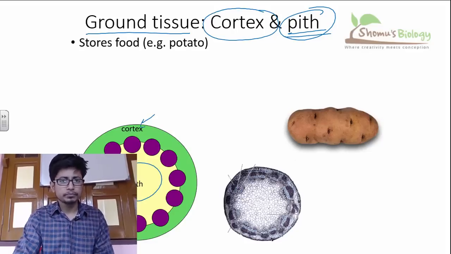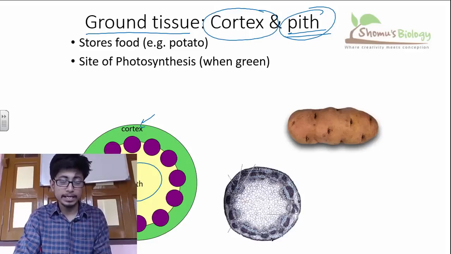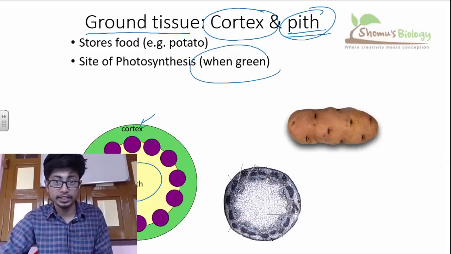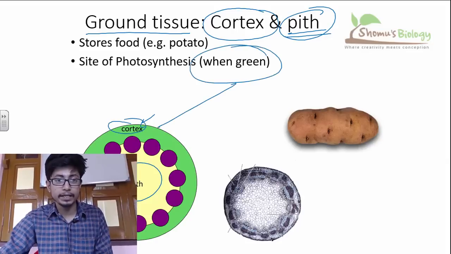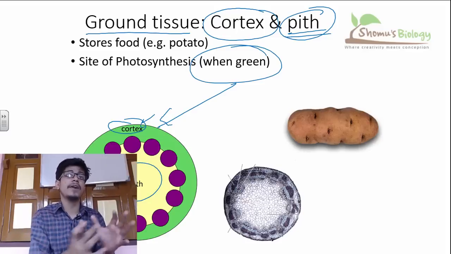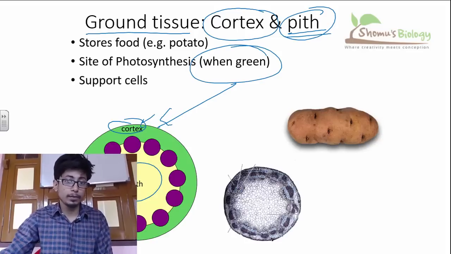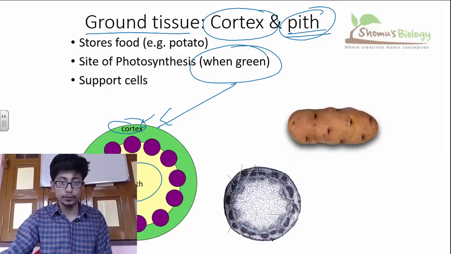So you see, it acts to store food, right? And sometimes it can act as a site for photosynthesis when it's green. Like this cortex, if it's a green cortex, it is filled with chlorophyll. The cells are alive. It can do photosynthesis and produce sugar. On the other hand, if it's not functioning that way, like the part of the pith, it stores food.